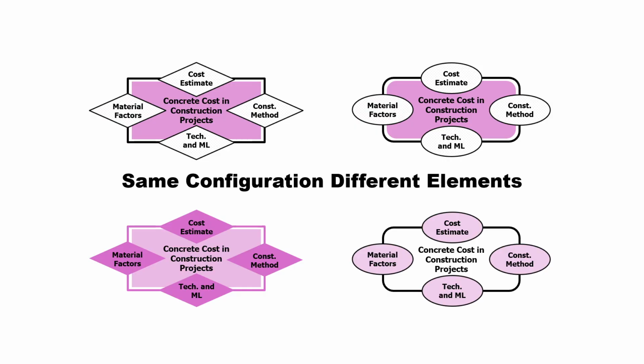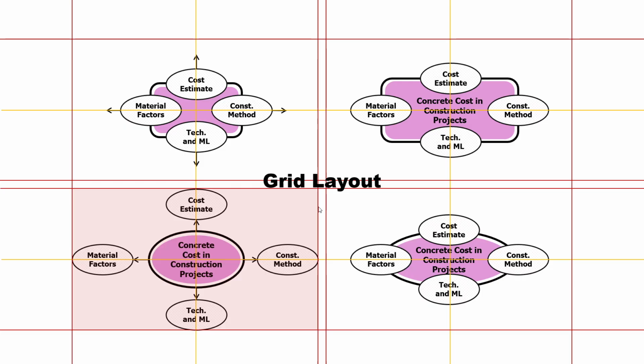So even within that, I have kept to a degree this alignment to a grid layout. Okay? And for consistency, for example, all of the white circles or ellipses are the same size. All of the fonts within the same level are in the same font size and font type. So I have maintained my consistency and alignment to a grid of some sort.